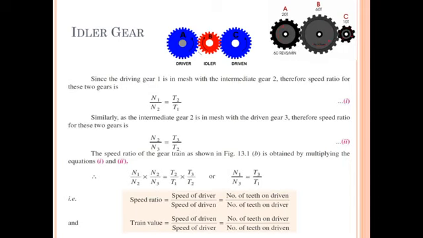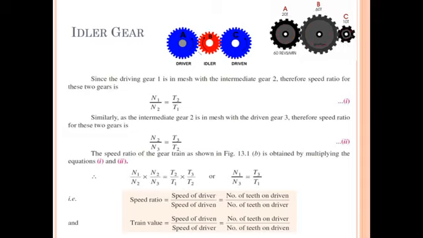The second function of this idler gear is to obtain the desired direction of motion of the driven gear, isn't it? That means, suppose you want driver gear A and driven gear in the same direction, you can use an odd number of gears. If you want opposite direction for input and output gear, you can use an even number of gears in between driven and driver gear, isn't it?